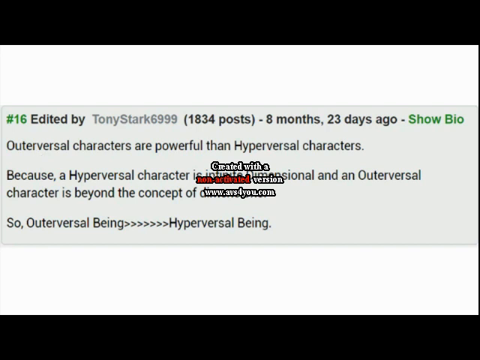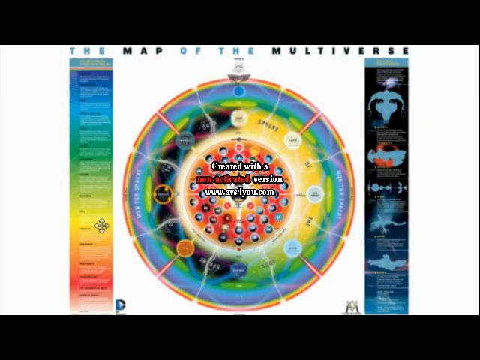So that's why I was kind of confused when the monitors were from the 10th dimension or the 9th spatial dimension, and they're supposed to be nigh omnipotent, which technically should be outerversal, but whatever. So yeah, that's something to keep in mind.